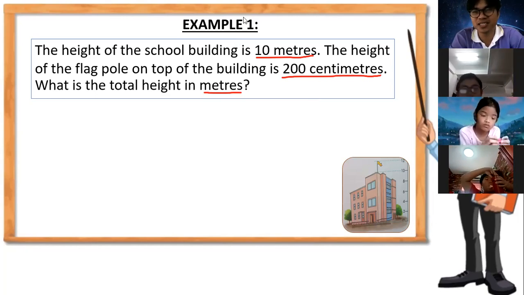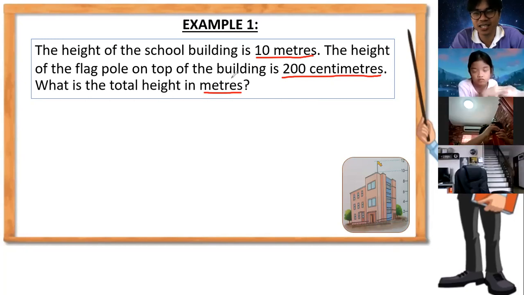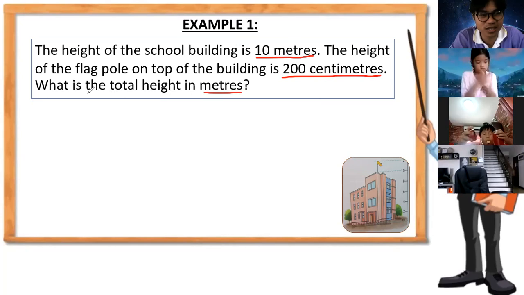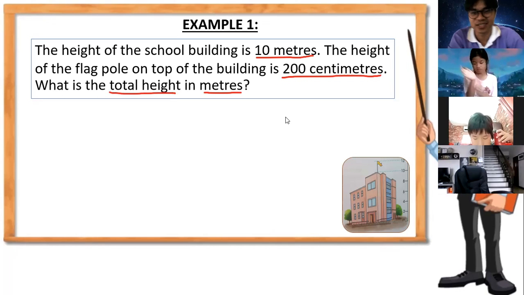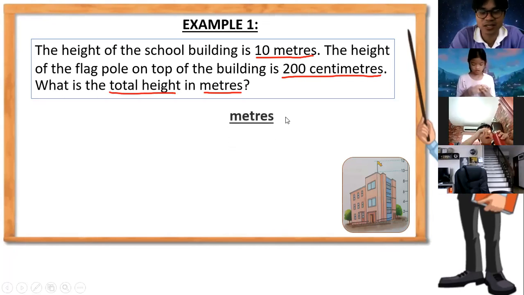In a problem like this, read carefully, analyze carefully, and look at the question. What is the total height? For a total, you need to add, you need to plus. Let's separate centimeters and meters.